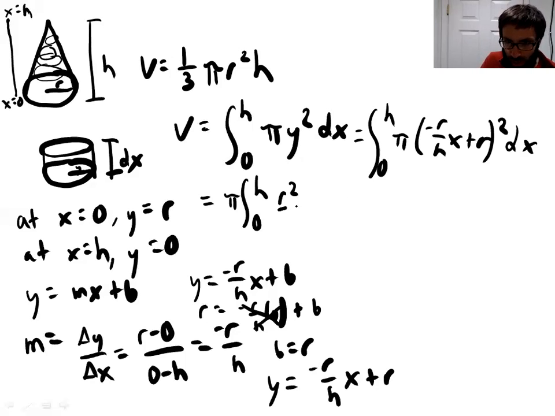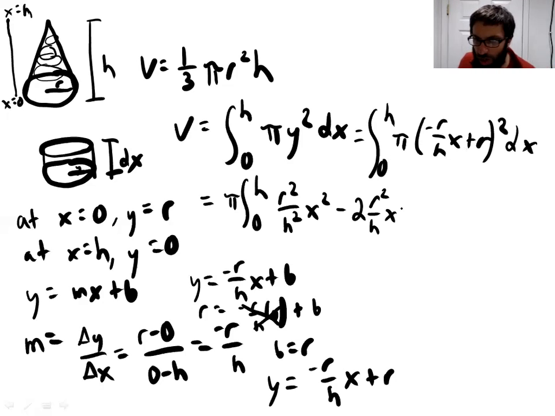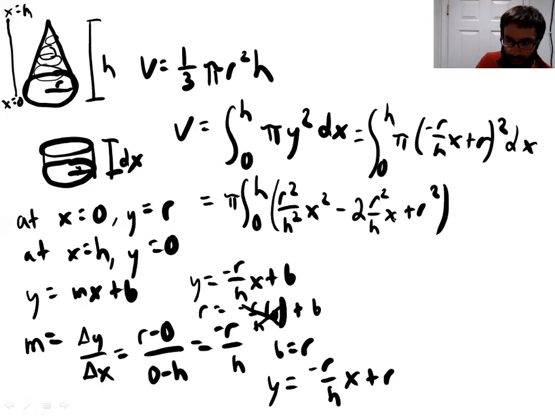So we're going to have r squared over h squared times x squared. And then we're going to have minus 2 terms of r over h times r, so r squared over h times x. And then our last term is just going to be plus r squared. All that, again, is times dx.